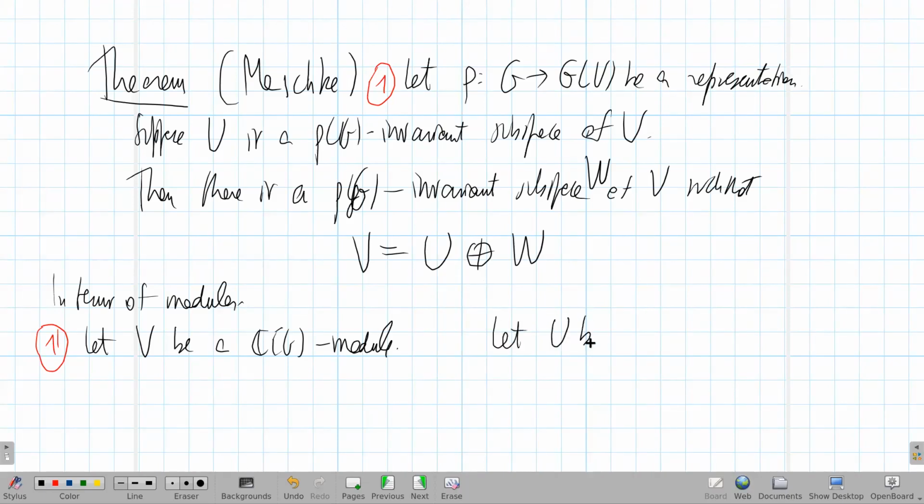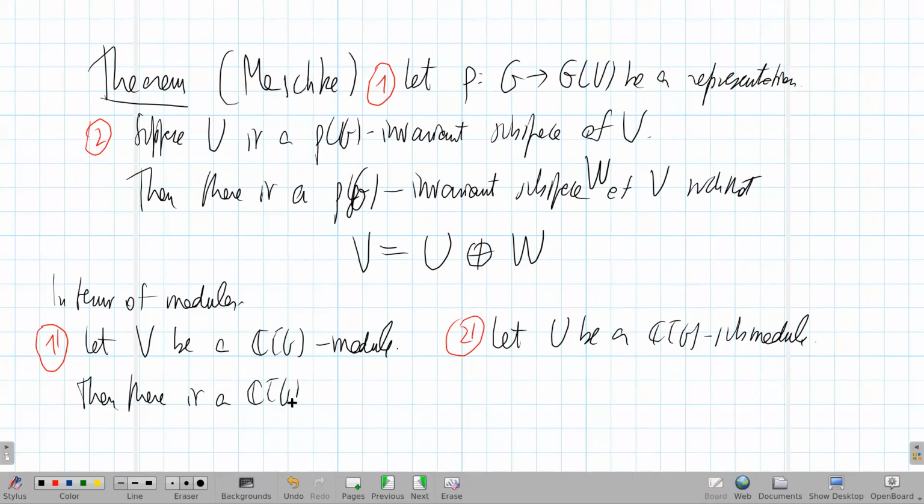Let U be a CG submodule. Sometimes I will say just a submodule. And this is the translation of the fact that U is rho G invariant, okay? So this is 2 prime. And then the statement is then there is a CG submodule W of V such that, and the same statement holds.